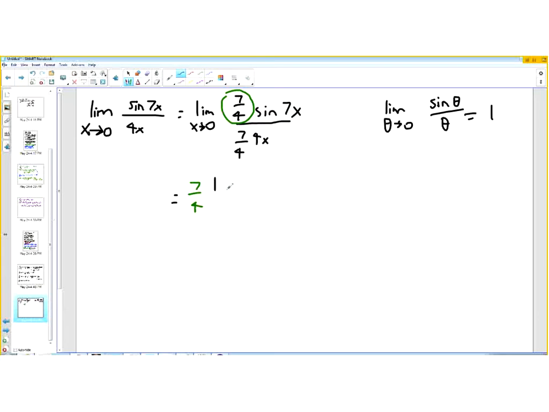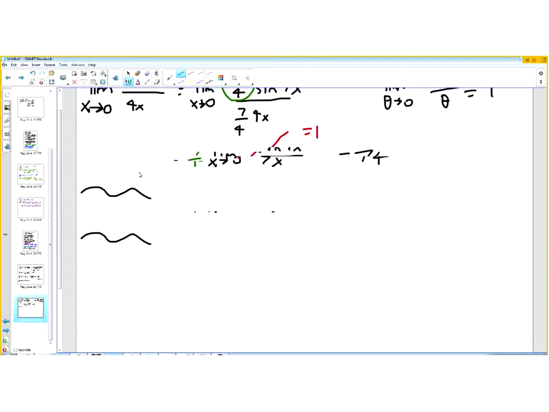And so we're left with the limit as x approaches 0 of sine 7x over 7x. And of course, this limit is just 1. So the answer to this problem would be 7/4. I think there are going to be some WebAssign questions like that.